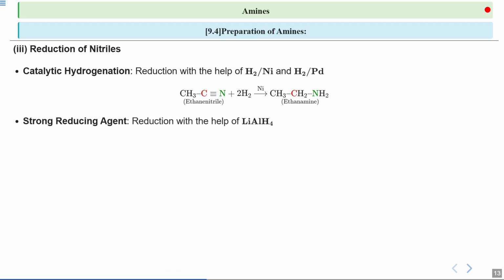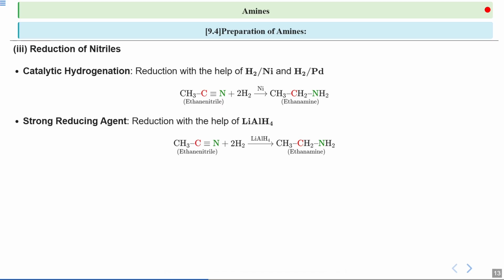Another way to reduce nitriles is by using a strong reducing agent, like lithium aluminium hydride, LiAlH4. So this reagent is quite powerful and it reduces the nitrile group to an amine even without a catalyst. It is so strong. So if you see over here in this reaction, we have ethanenitrile, which is carbon triple bonded to nitrogen.